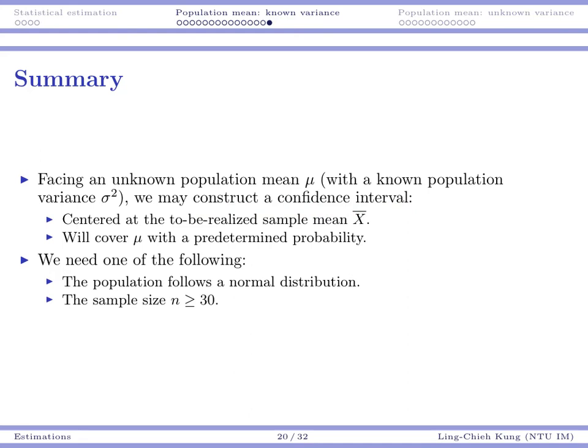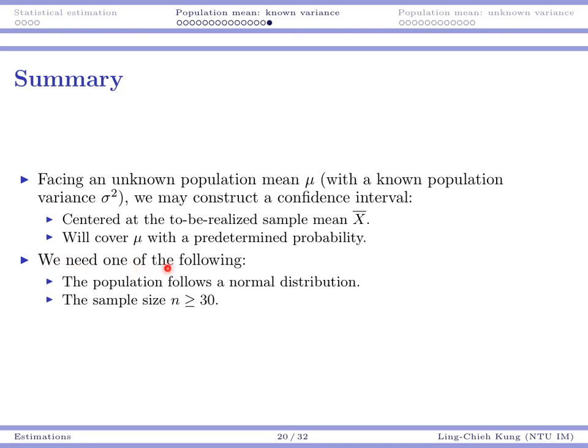The confidence interval is going to center at the sample mean x bar, and with the desired lag length, the confidence interval will cover mu with a predetermined probability, the confidence level. We will first choose the confidence level and then find the lag size that can achieve that particular confidence level.